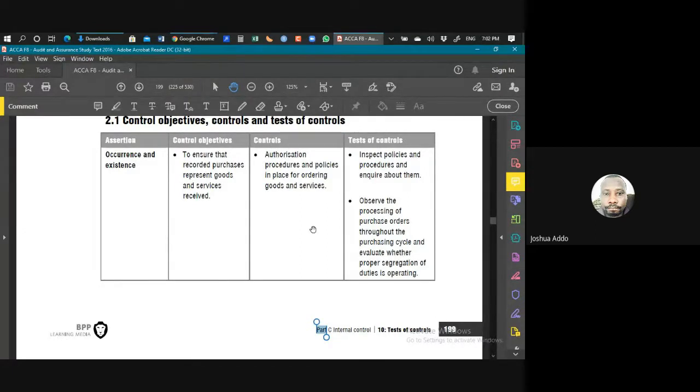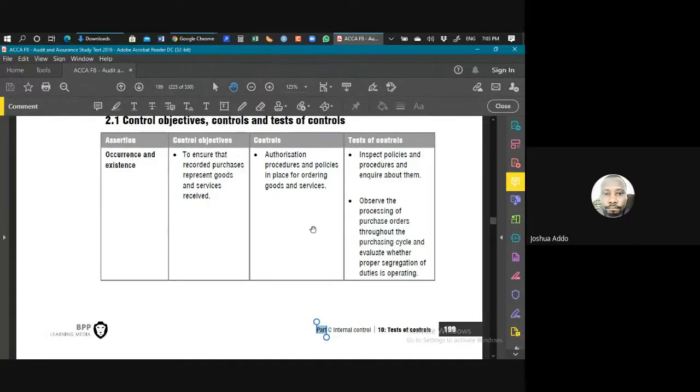Authorization procedures. Not just anybody at all can order goods from suppliers. If you operate a system like that, then errors are bound to occur, and fraud is also bound to occur. So we should have authorization procedures. You see these things in almost every serious organization. Who has the power to sanction this kind of transaction? Above certain limits, a senior officer. So we have some categories.